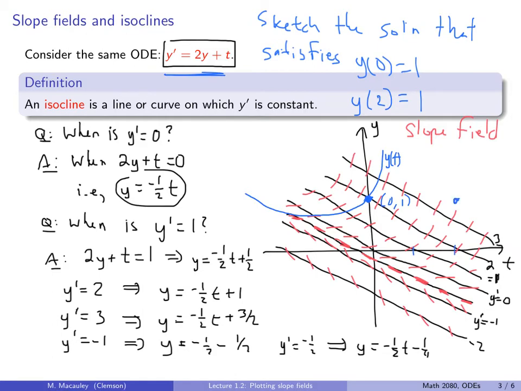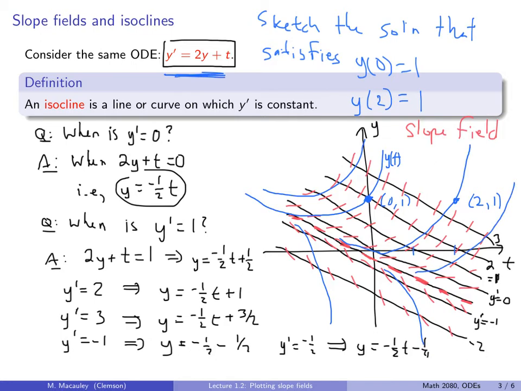Here's the point 2, 1. And we fill in what curve goes through that point. Similarly, you can tell that there's going to be a curve that looks like this. There's going to be a curve that looks like this. So these are things that I'm drawing. This is the infinite family of solutions to this equation.